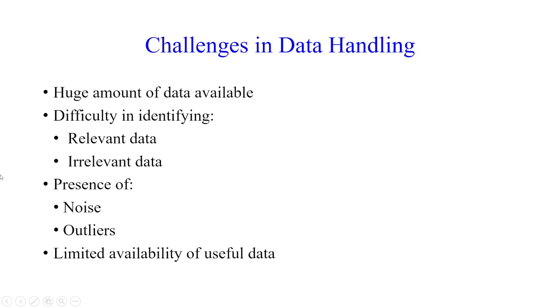In some areas, the availability of data is very limited, so we do not have useful data, and there might be a lot of outliers and noise. These challenges make us think about how data science and data engineering use the data to predict the results.